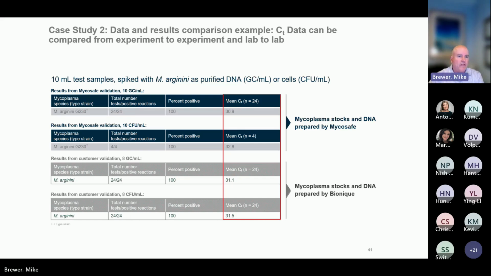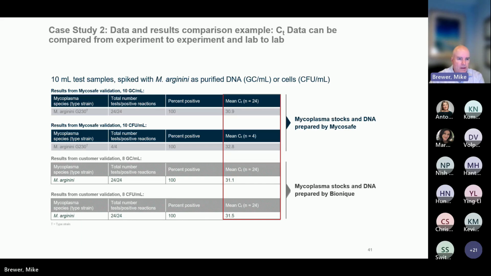Here's another example. I wanted to include this to show how you can use the CT results to compare results from lab to lab, study to study, or if it's mycoplasma, either live mycoplasma or purified DNA. The top 2 frames are the results from the study that I just presented.